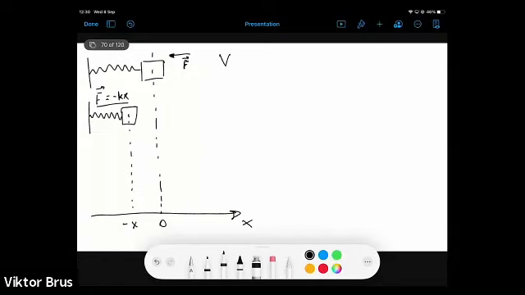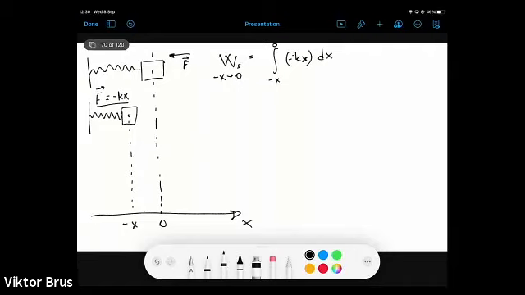So that's what we need to take into account, and obviously we need to apply this integration approach. So now let us consider motion from minus x to 0. Work done by the spring force will be the integral from minus x to 0, initial and final point, of minus kx dx.